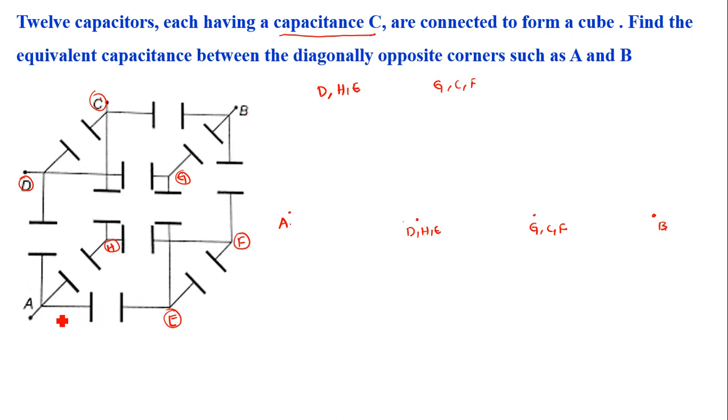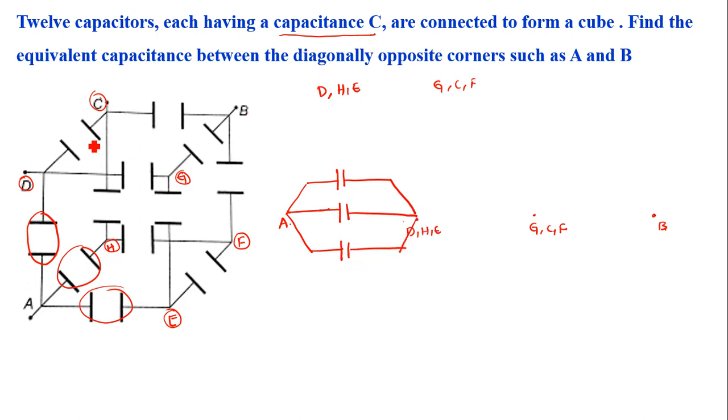Between A and E, one capacitor is there, so I am drawing it here. Now you have another capacitor between A and H, and one more between A and D.